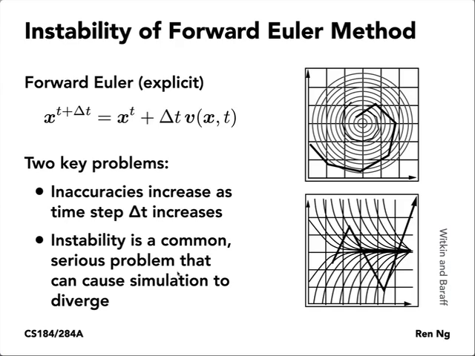Does the divergence here mean the simulation diverges from GT? I'm not sure what's meant by GT there. Maybe you could clarify. Okay, let me keep going. From ground truth. No, it means that it diverges literally to infinity.